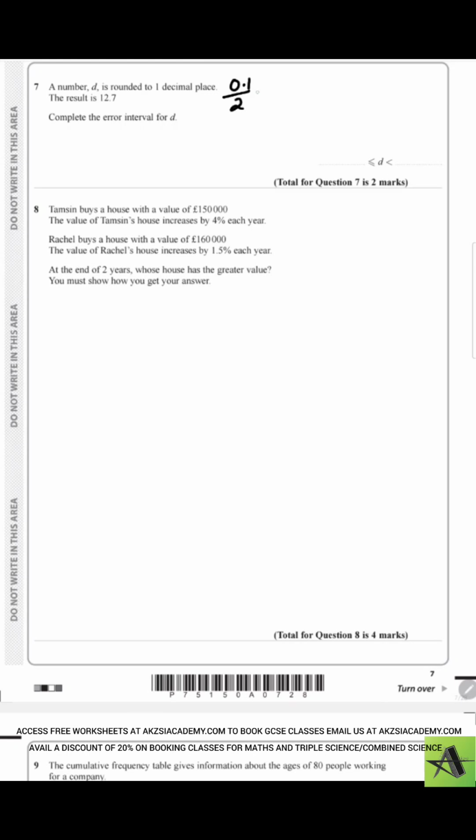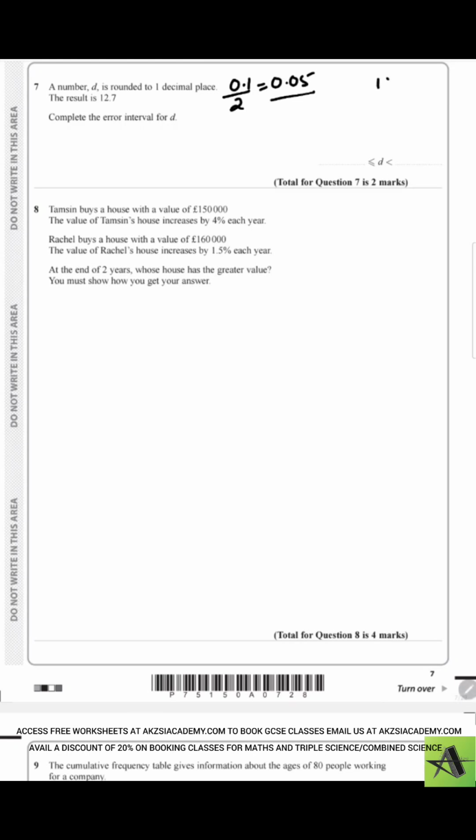I need to halve it. If they have given up to three decimal places, it would be 0.001 divided by 2. So this will give me 0.05. This number I have to add to 12.7 and subtract from 12.7, and that will give me the error interval.